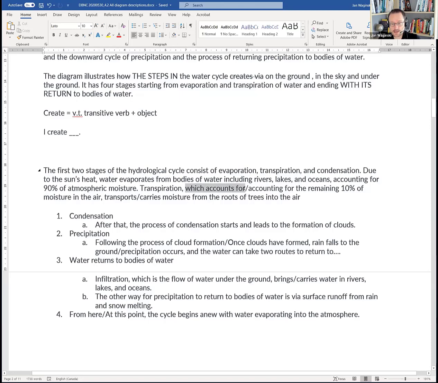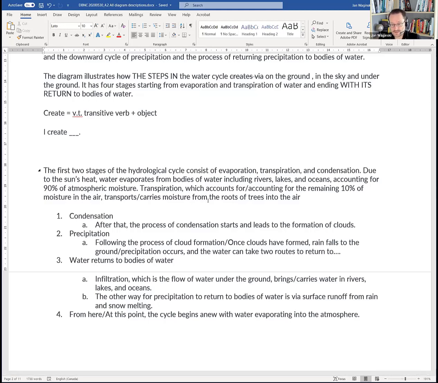Which accounts for very often can be transformed into participial phrases by just getting rid of the relative pronoun and transforming the verb into a participle. That's it: which accounts for, accounting for. If it is present, active voice. If it is passive too.